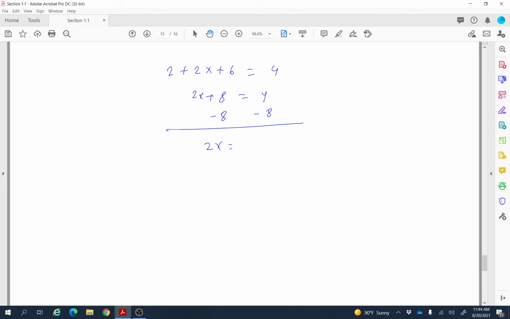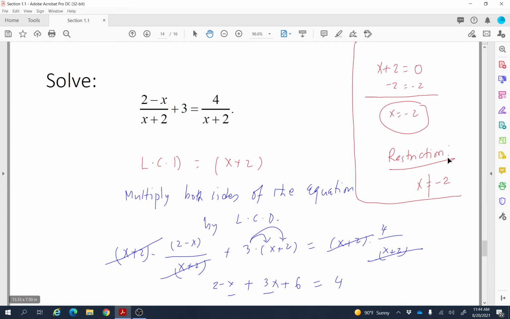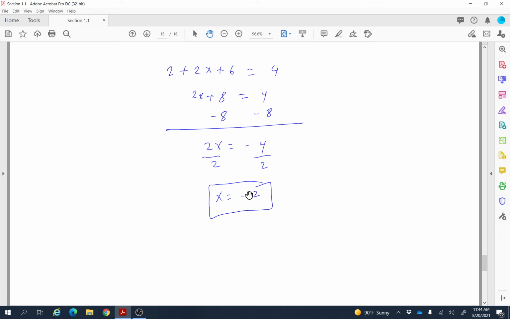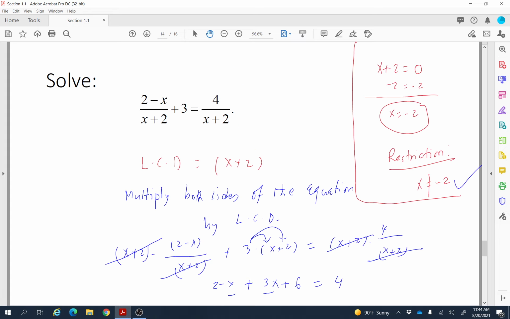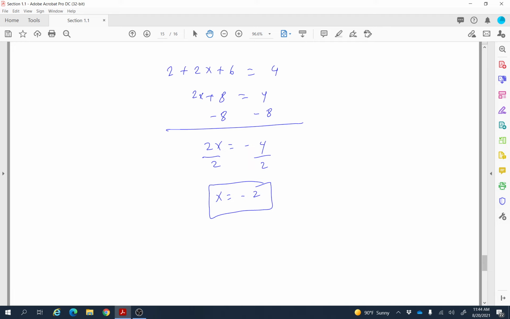So 2x equals negative 4, and if I divide both sides by 2, x is negative 2. That is supposed to be the solution for this equation. But if you check the restriction, we cannot have negative 2 as a solution. So the only solution we got is negative 2, which we cannot accept because of this restriction. The conclusion is that there is no solution.